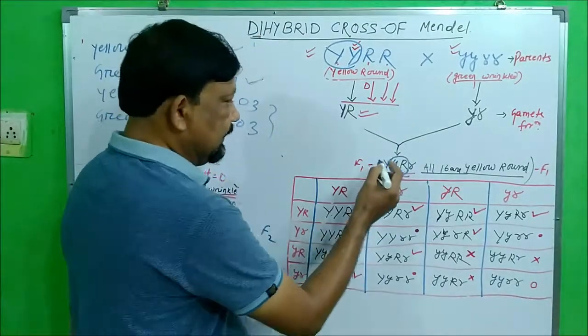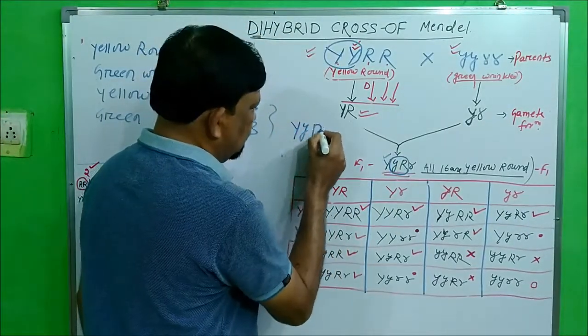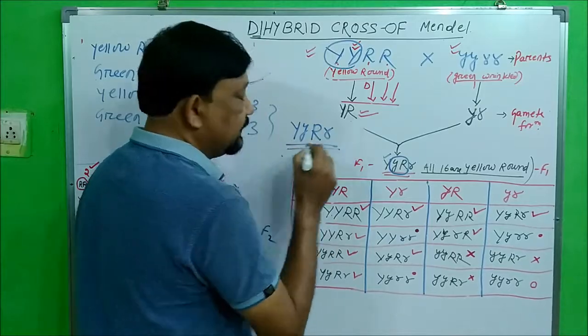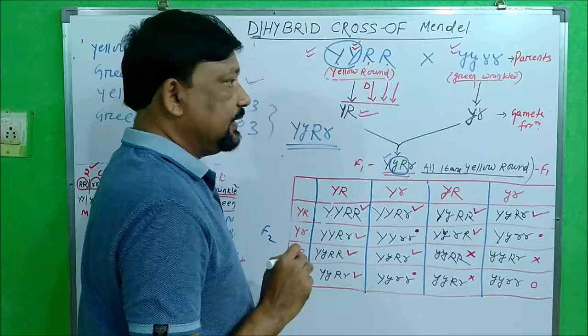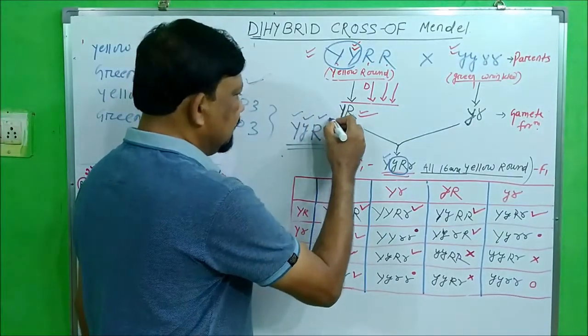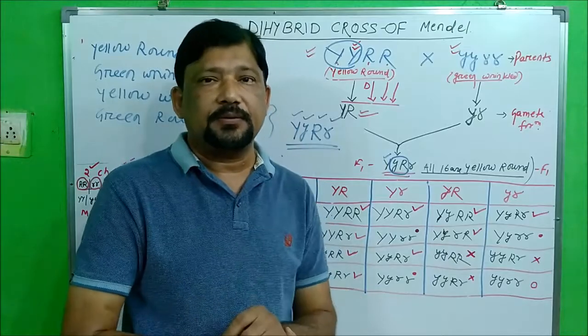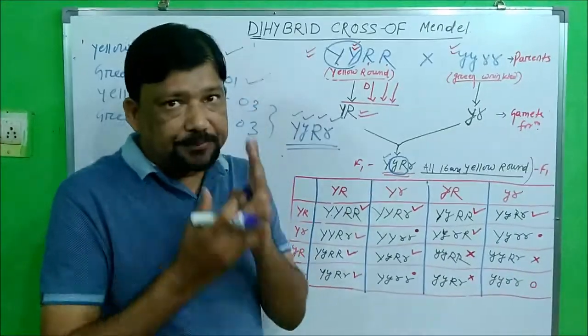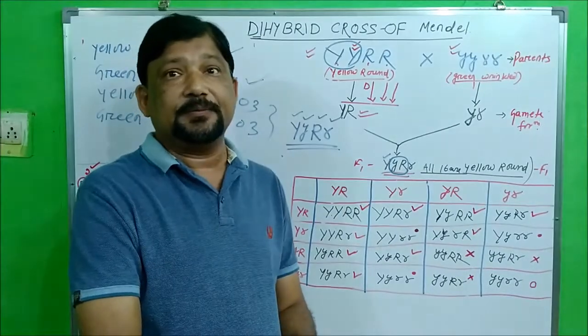It means each factor, either in a hybrid condition or in a homozygous condition, has complete freedom to separate from its own pair, as well as the freedom to separate from the other trait's pairing.